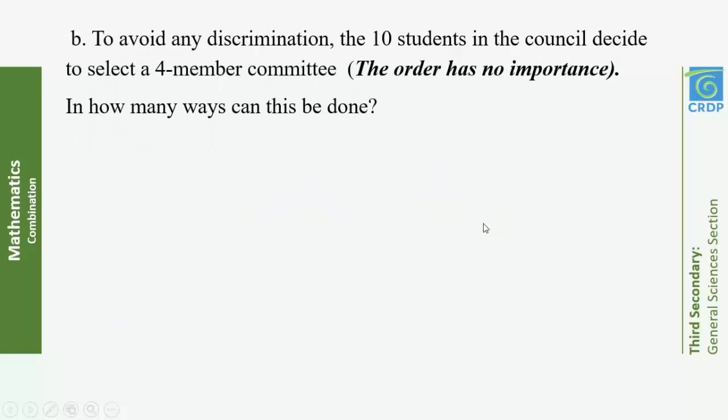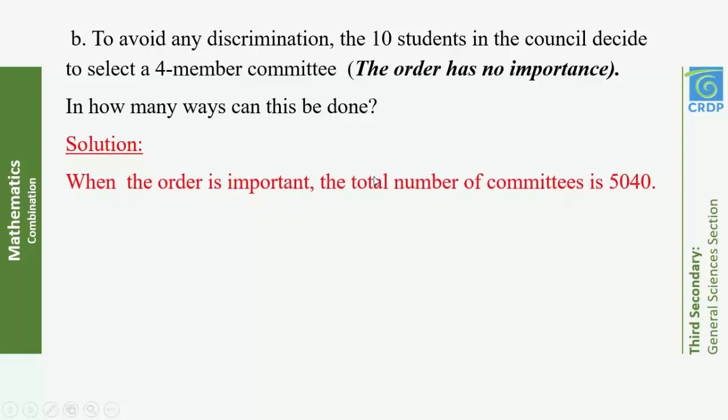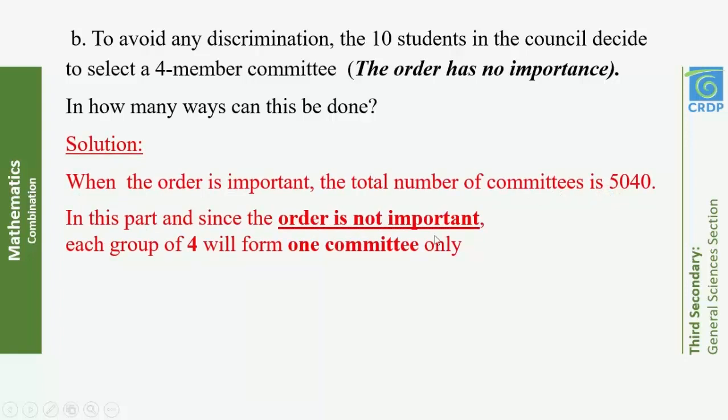To avoid any discrimination, the 10 students in the council decide to select a 4-member committee where the order has no importance. And why is that? Because no roles are assigned, so all members are the same. In how many ways can this be done? So I have to remove the repeated committees with the same person. When the order is important, the total number was 5040 as calculated previously, but now since the order is no more important, each group of 4 will form one committee with no assigned roles.